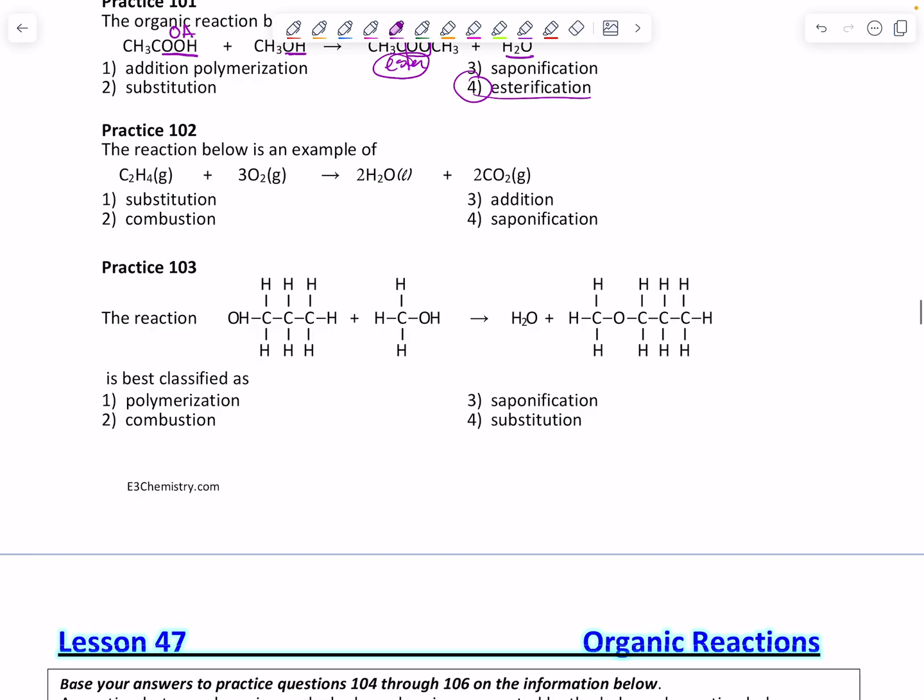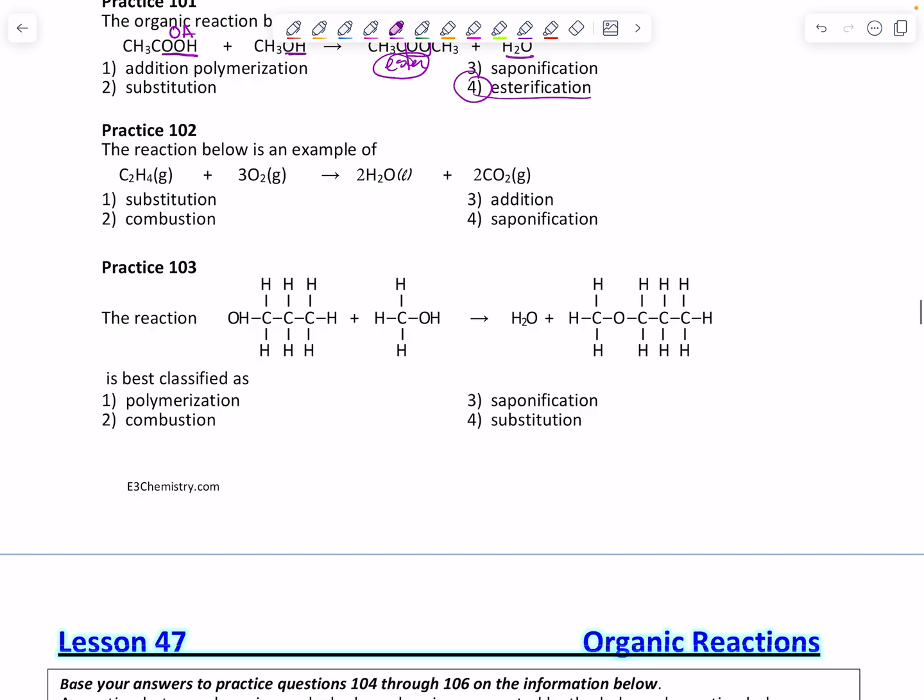Looking back at my pattern, I have 2 alcohols, and I made an ether and water. That is the condensation polymerization, that's the pattern it's following. They didn't ask us if it was condensation, but just polymerization on that one.